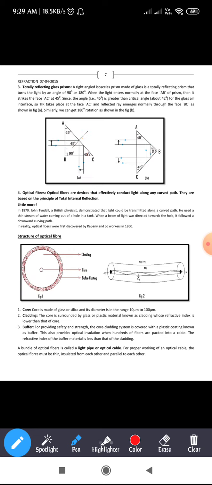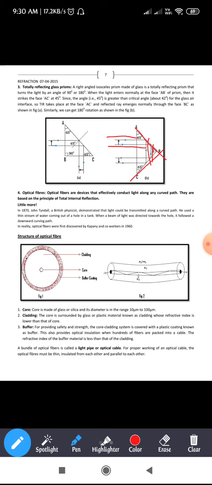Similarly, you can get a 180-degree reflection. Here in figure C, these are the two incoming incident rays. At the face AB, the ray strikes at an angle of 45 degree, which is greater than the critical angle, and hence it moves in this direction.